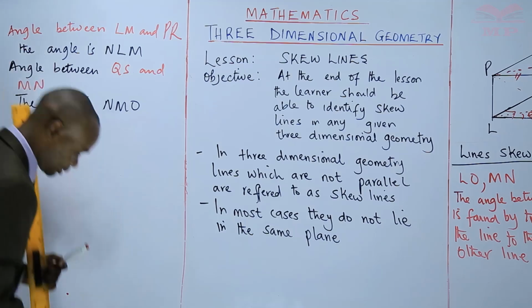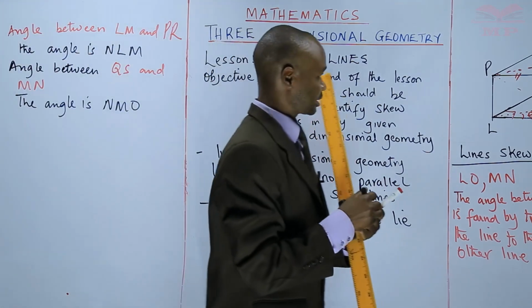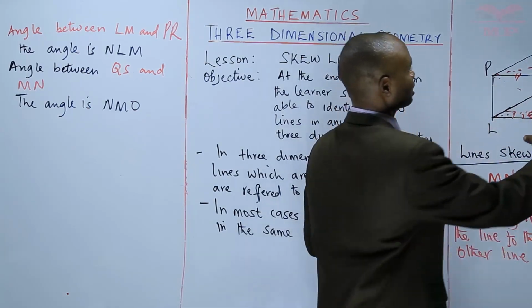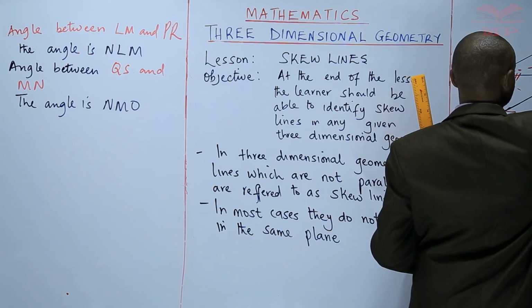What we are doing to get the angles between the skew lines is translating one of the lines. It will be the same as translating MN to the top.